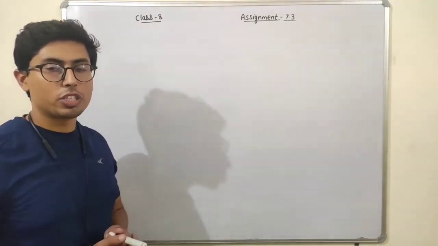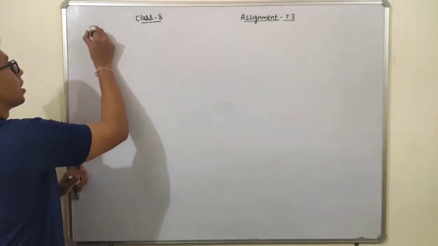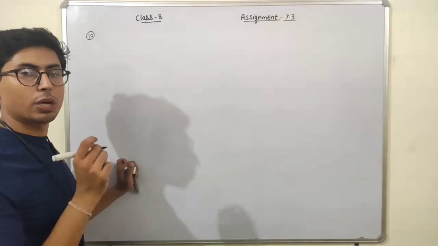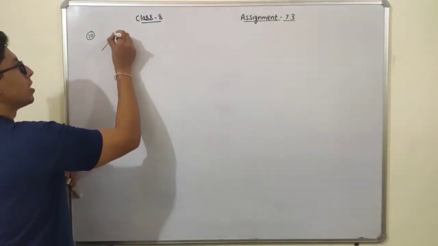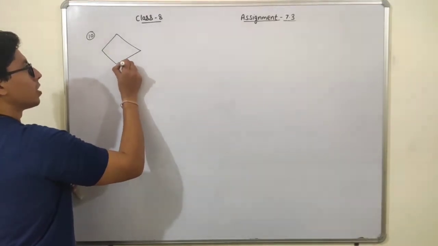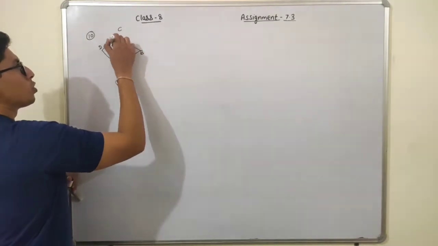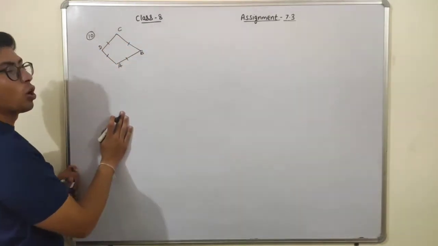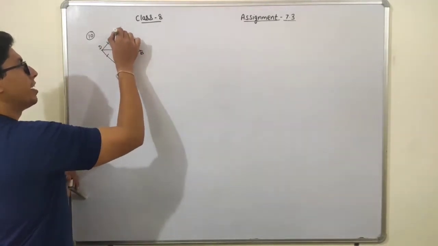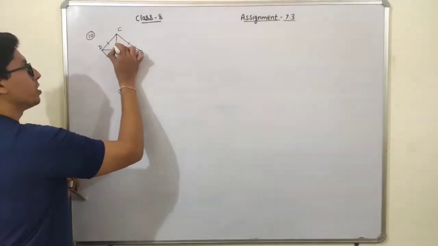Okay students, now let's move forward to question number 10. Question number 10: a rhombus with one angle 90 degrees is a square. If I take ABCD as a rhombus, that means AB is equal to BC is equal to CD is equal to DA, because all the sides of a rhombus are equal, and the diagonals also bisect each other at 90 degrees.